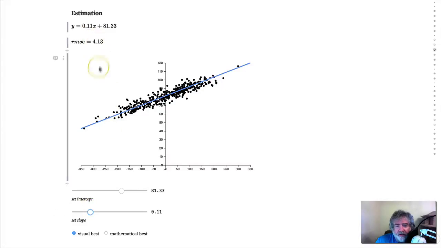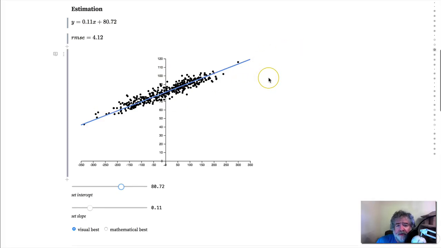And we're helped up here because as we change these sliders, we can see what the root mean squared error is, and we want to try to make that as small as possible. You can see how well you can do there. And it also gives you the equation of the line as you change it. But remember, there is a mathematical way to get the absolute best. So we would want to see that too.